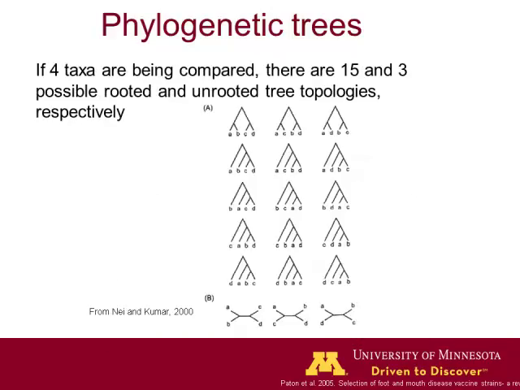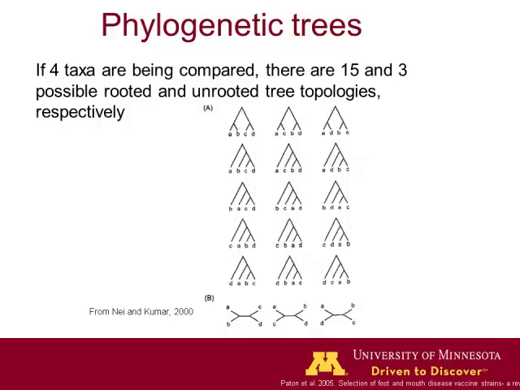The problem that we have is that there are many potential shapes, many potential topologies for any combination of taxa being analyzed. So if you have 4 taxa, only 4 viruses, only 4 farms being compared to each other, there are 15 potential rooted tree topologies that may be the true one, which we don't know. That's what we are trying to elucidate. Those topologies are showing how the virus has been bifurcating.